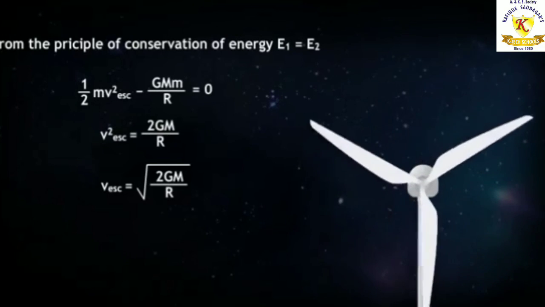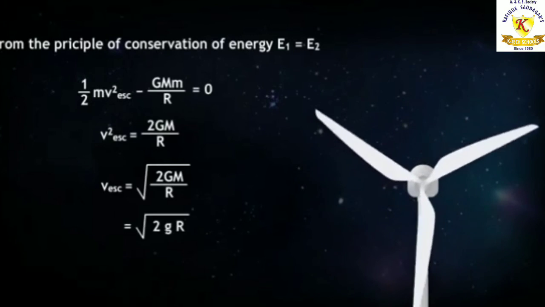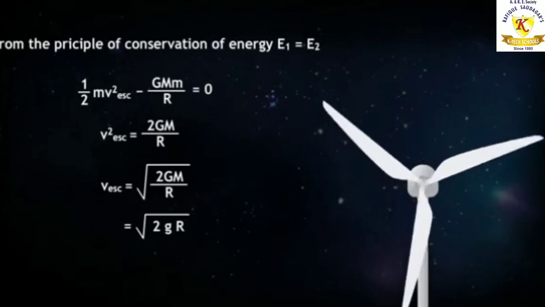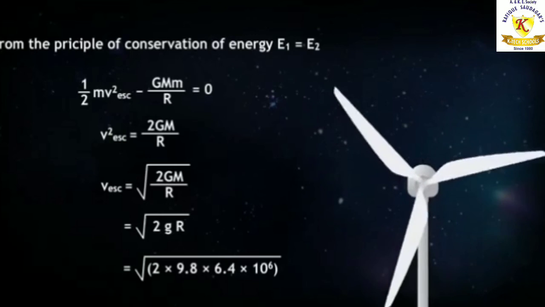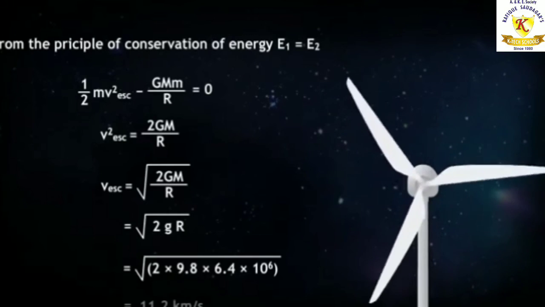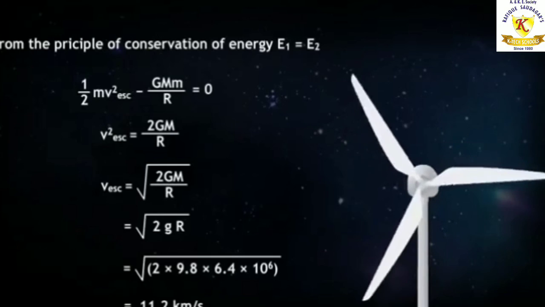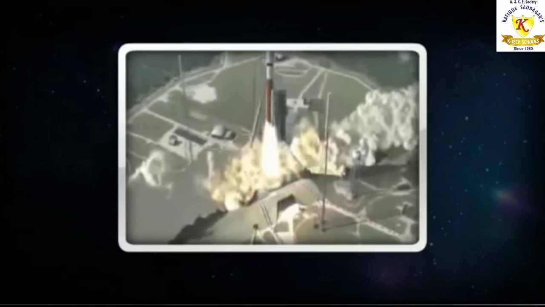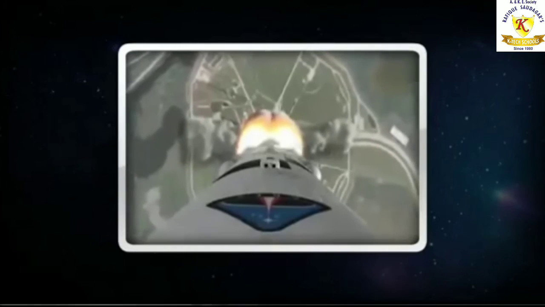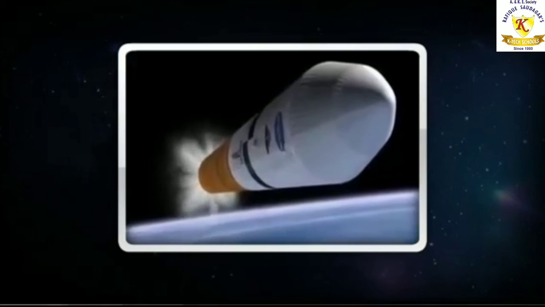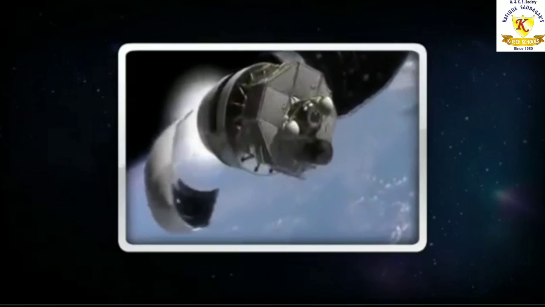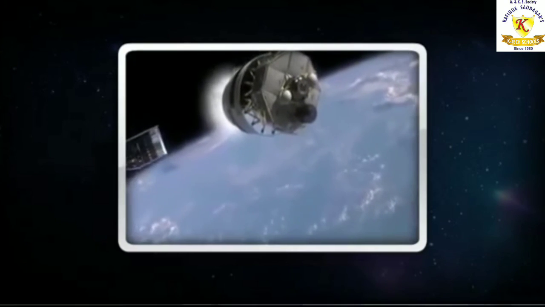Escape velocity is the square root of 2GM upon r, which is equal to the square root of 2gr, which is equal to the square root of 2 into 9.8 into 6.4 into 10 raised to 6, which after calculation gives 11.2 kilometer per second. The spacecraft which are sent to the moon or other planets have to have their initial velocity larger than the escape velocity, so that they can overcome Earth's gravitational attraction and can travel to these objects.